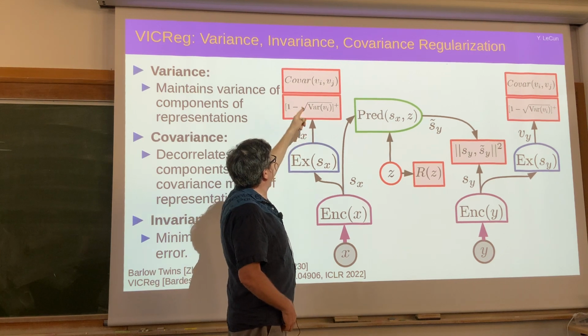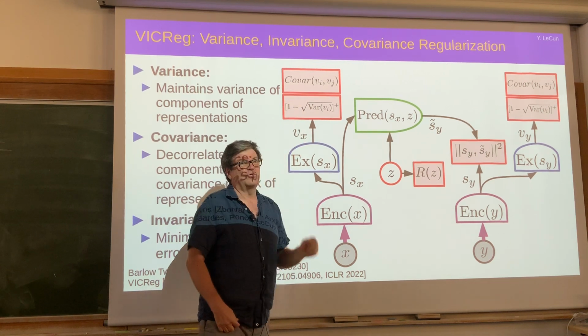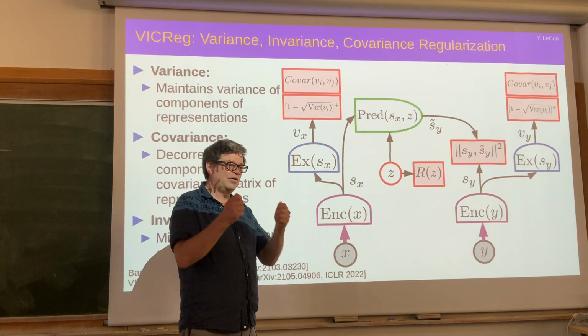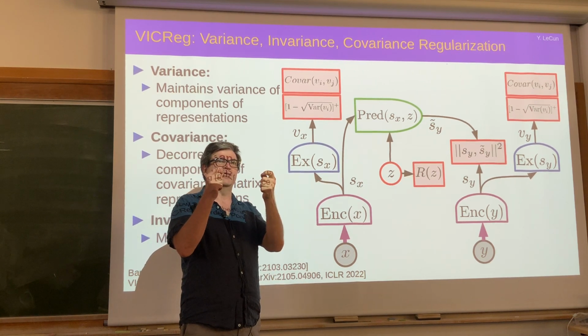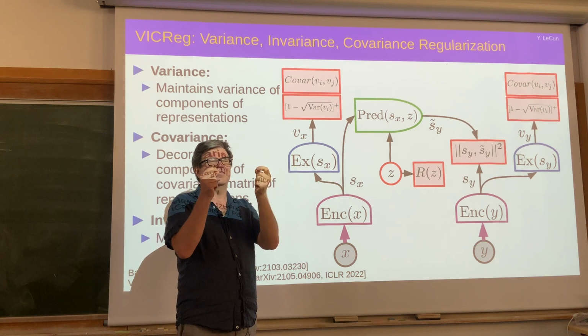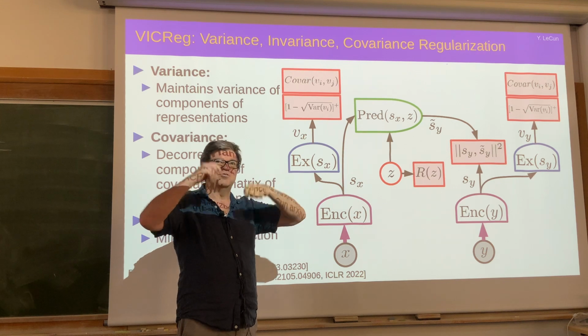And then simultaneously, you minimize the off-diagonal terms of the covariance matrix. So you say not only do the variables coming out need to have a unit standard deviation or variance, they also need to be decorrelated from each other.